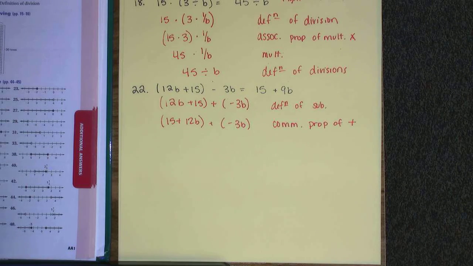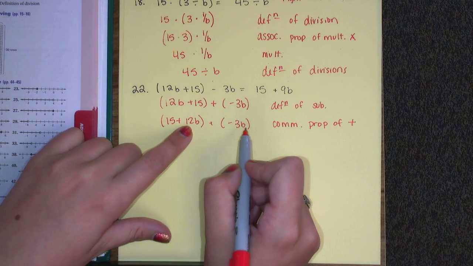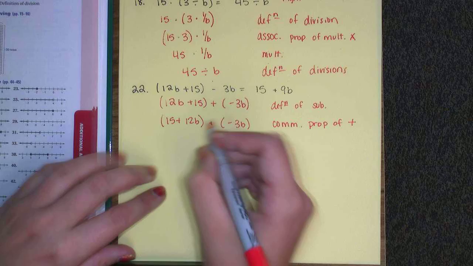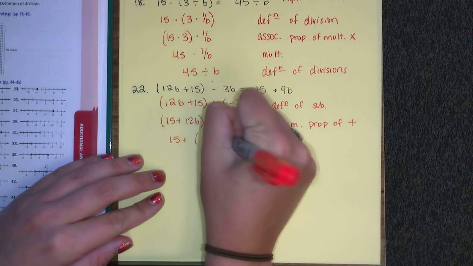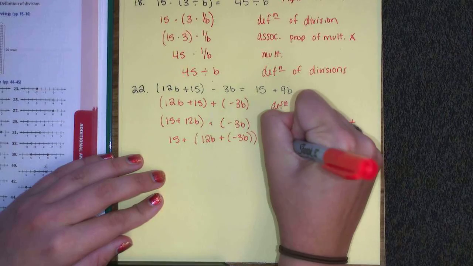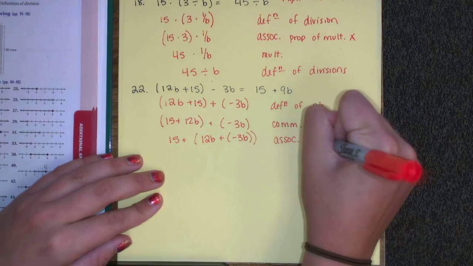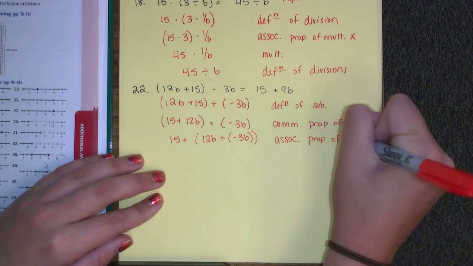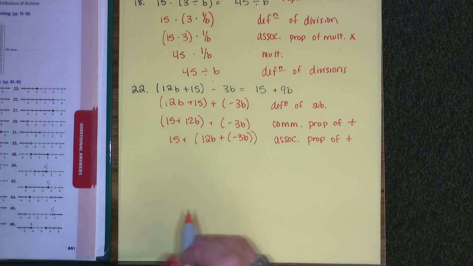So now I'm going to do associative, to move the parentheses over to these two things. So 15 plus, in parentheses, 12b plus negative 3b. And that's associative of addition. And then now what?